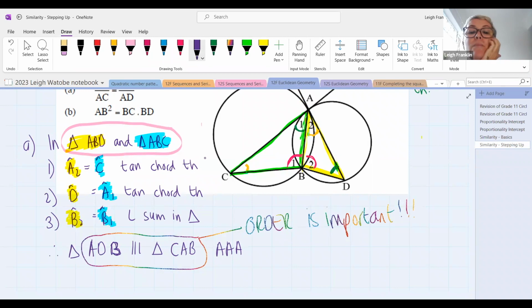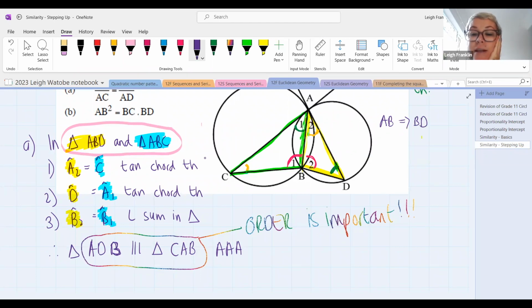AB will... In which triangle are you working at the moment? Are you working in the green one or the yellow one? In the green one, ma'am. Okay, all right. So AB corresponds with? BD. Good, well done.